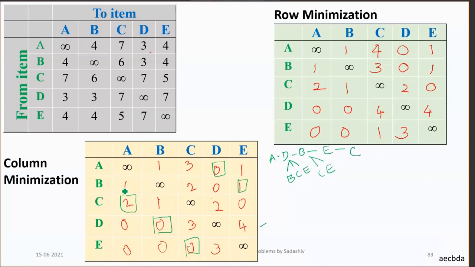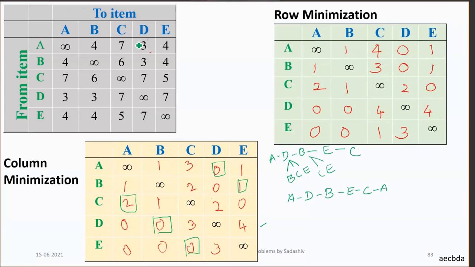Here we can write one answer. The sequential order will be A to D, D to B, B to E, E to C, and C to A. Whatever the cost, you need to write it.